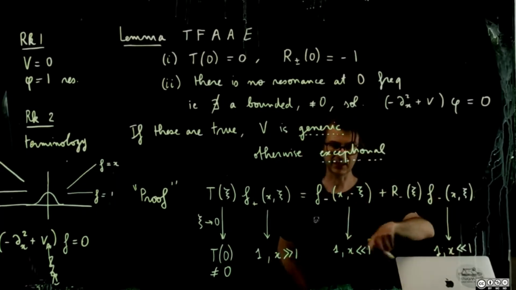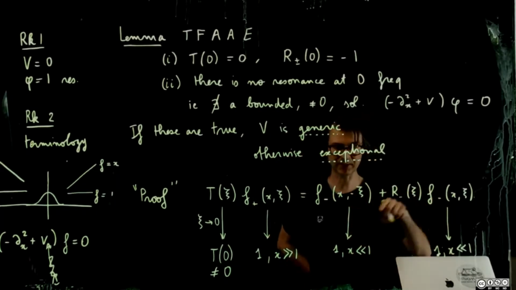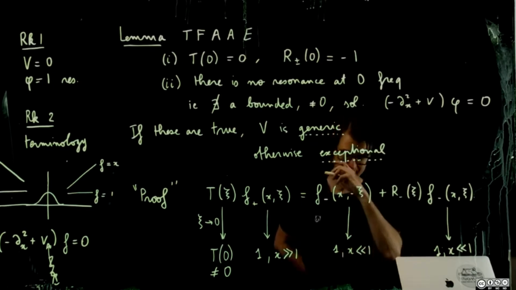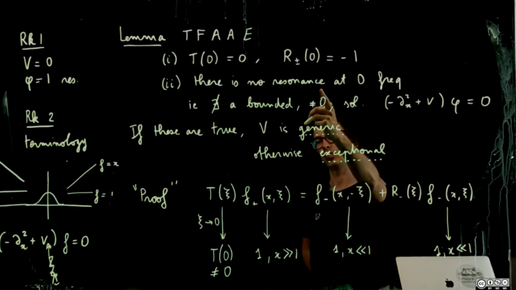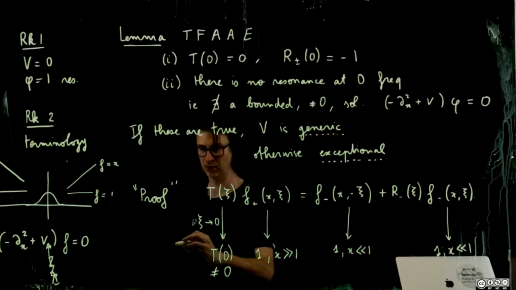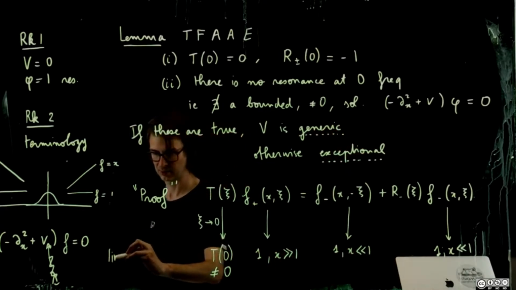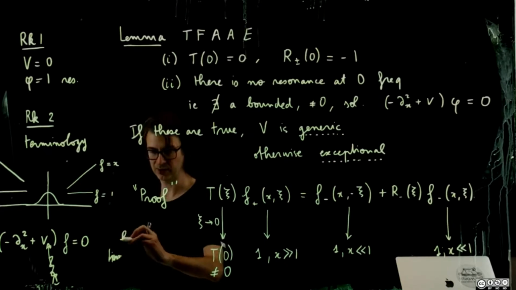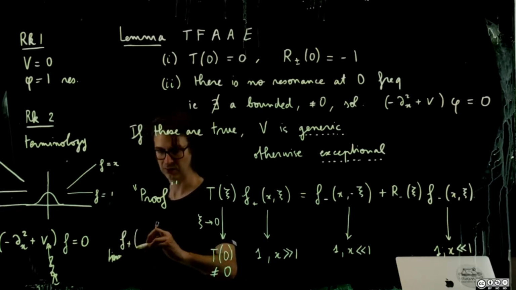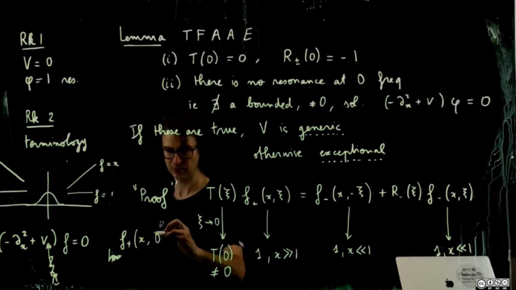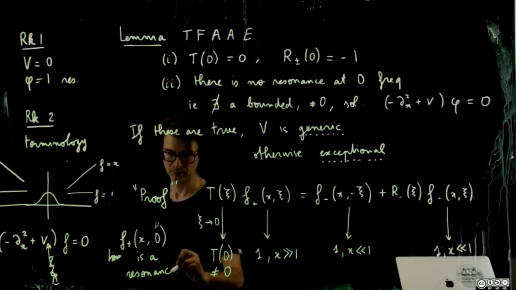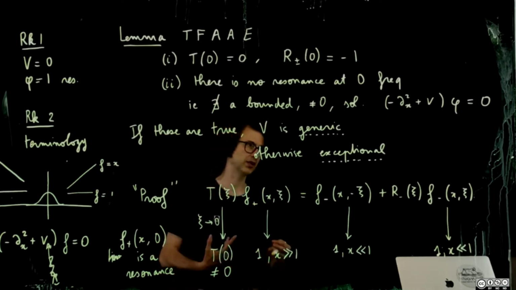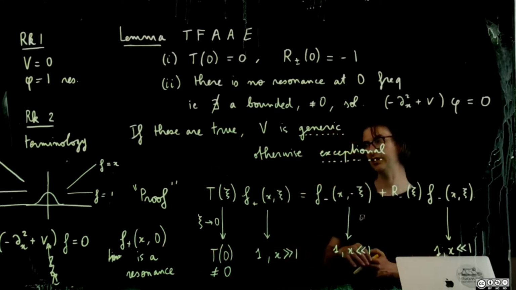And on the right-hand side, you also have a function which is bounded, but this time for x much less than 1. So you see that in this limit, what you get is a resonance. So it means the limit, or let's just write it, f plus of x, 0 is a resonance. Okay, and you have a similar argument in the case where T of 0 is 0.